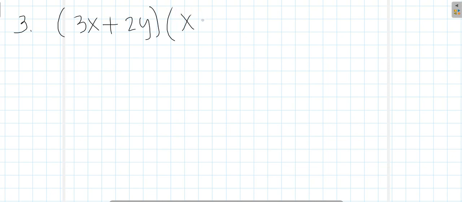So this is how to multiply a binomial times a monomial. Okay, number 3. How about multiplying binomial times binomial? Here you're going to use what we call the FOIL method.